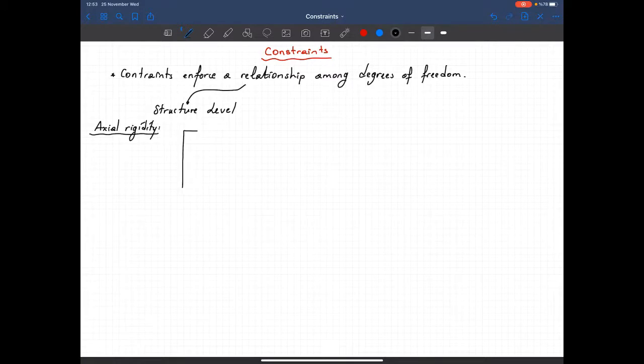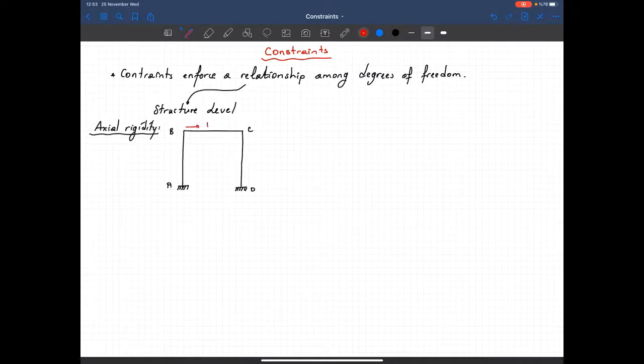So we take a structure like this, a very basic frame, let's say that point A, B, C, and D, and let's show all the degrees of freedoms.